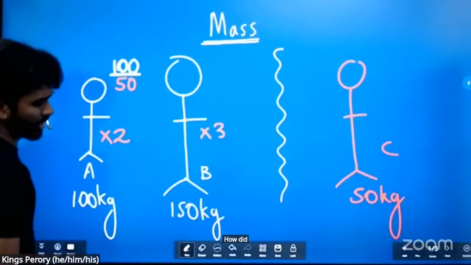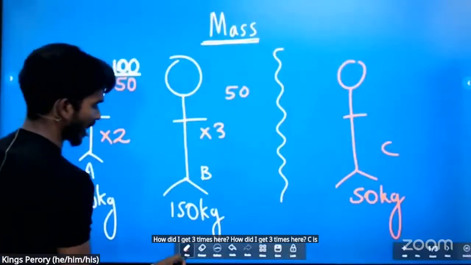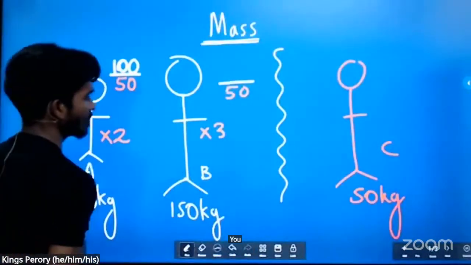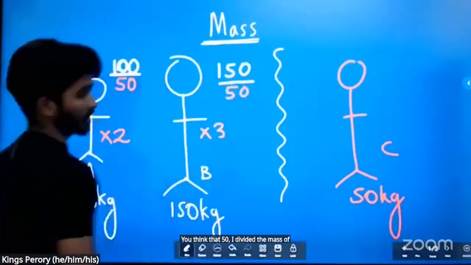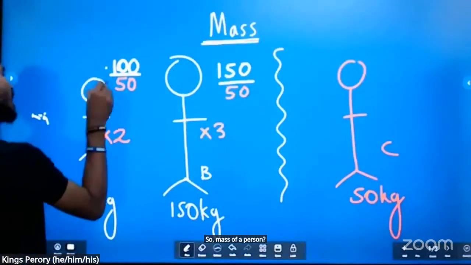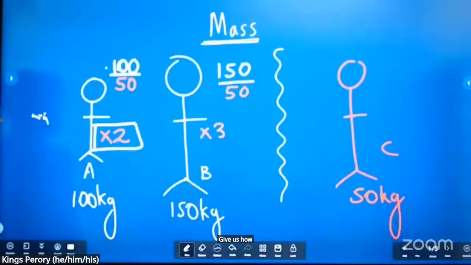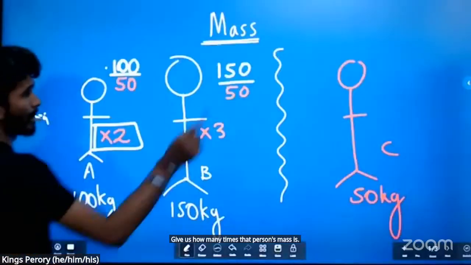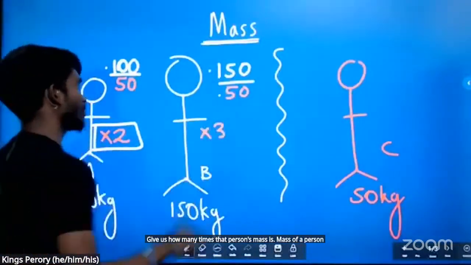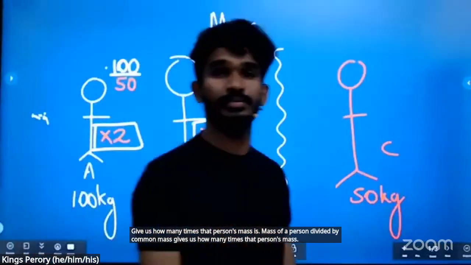How did I get 3 times here? C is 50 kilograms. Using that 50, I divided the mass of B, 150. So the mass of a person divided by a common mass gives how many times that person's mass is.